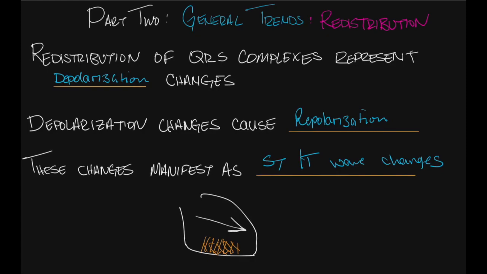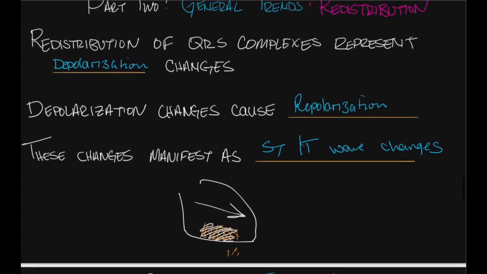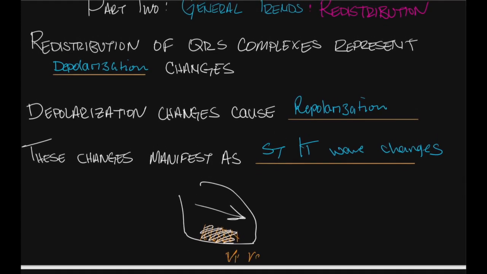But when the heart goes to relax, there's going to be a black hole of depolarization where the infarct is. So we're going to notice ST changes both in that area and those leads facing that right ventricle, so maybe V1, V2. And we're going to notice ST and T wave changes on the side opposite the heart. So maybe 1 and AVL.